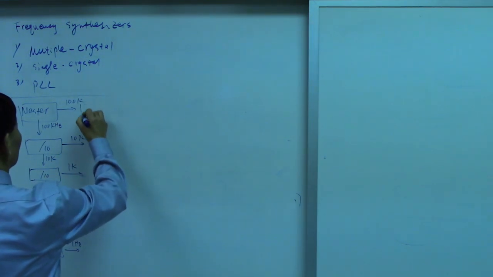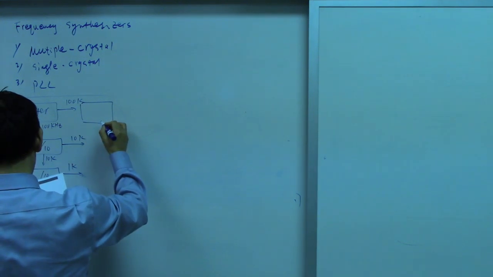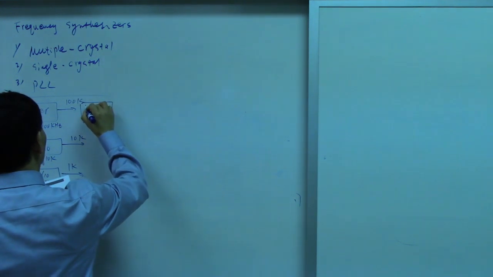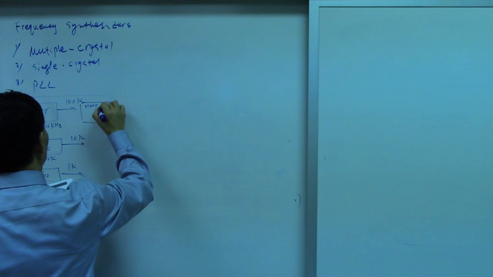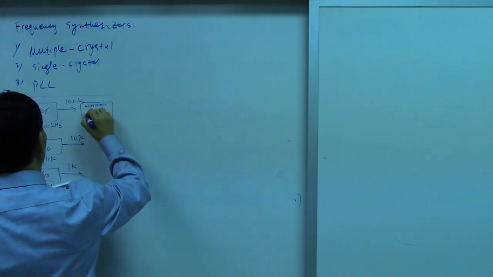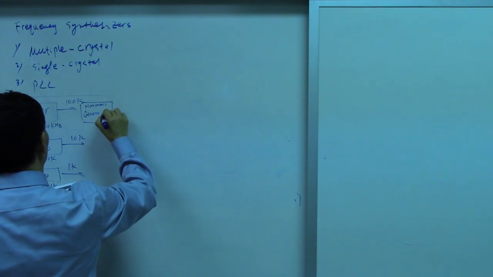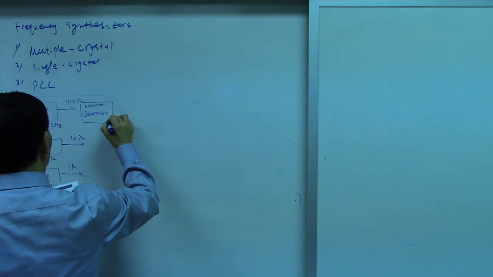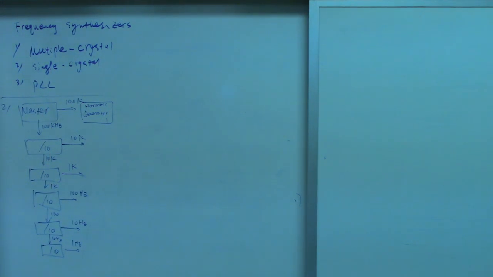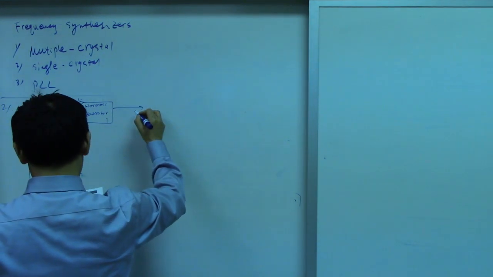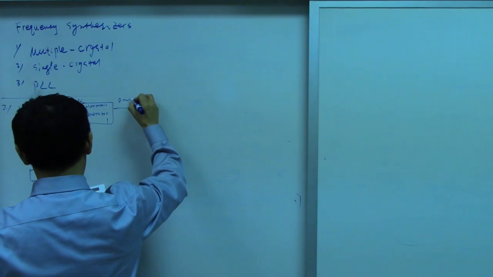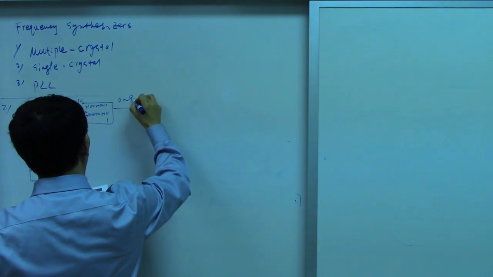Here we have the harmonic generator, generator 1, the first harmonic. So this one will give us a frequency from 0 to 900K.